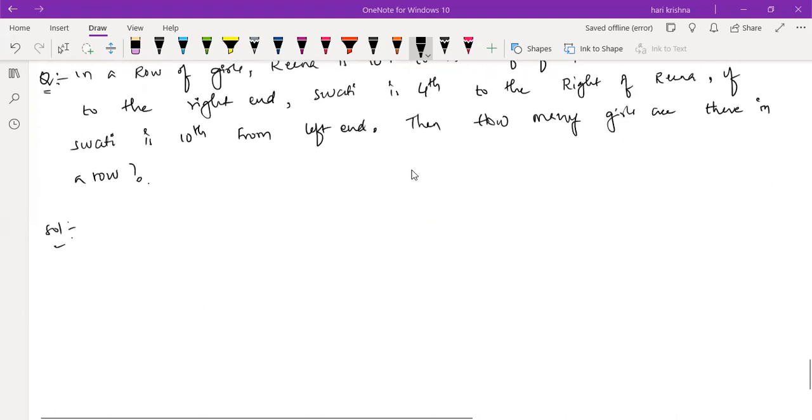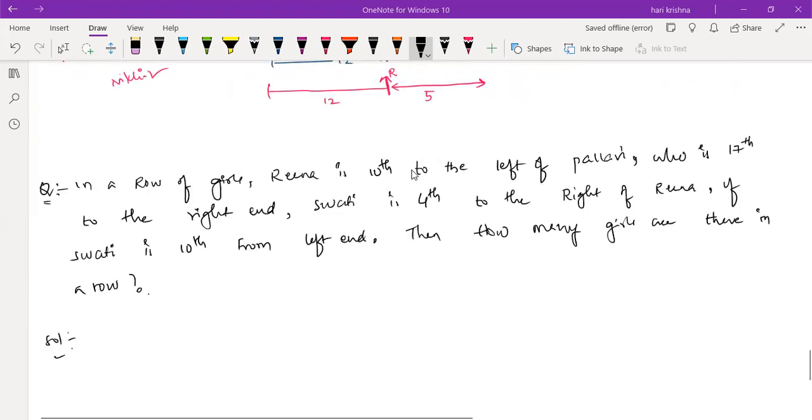So what is given in the question? In a row of girls, Reena is 10th to the left of Pallavi. Still anybody is doing? You want some more time? If you want some more time, raise your hands. I will wait.